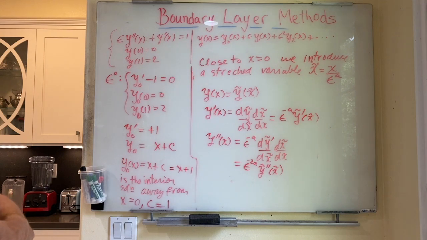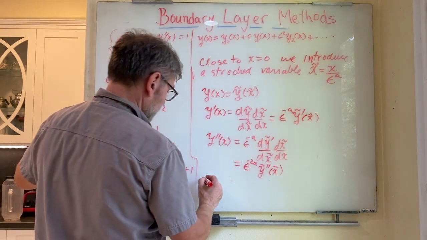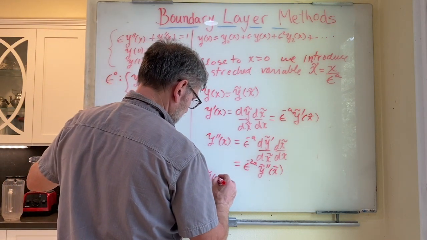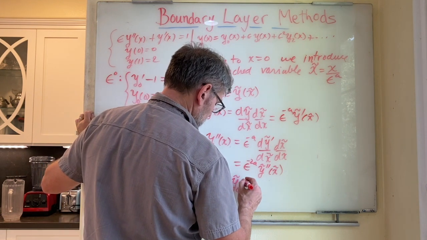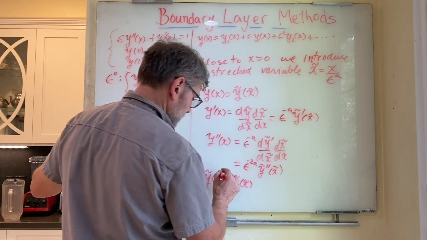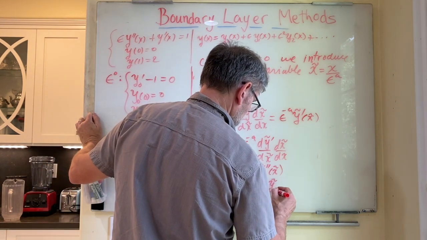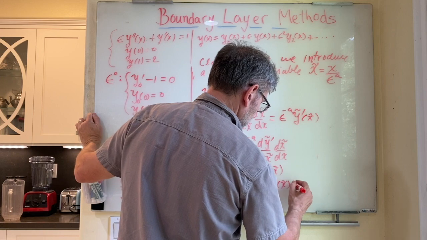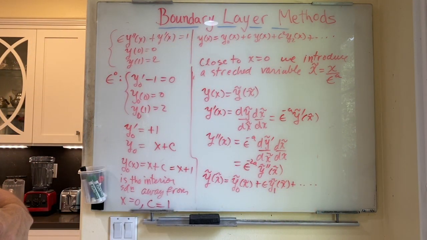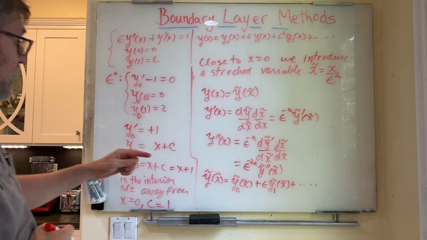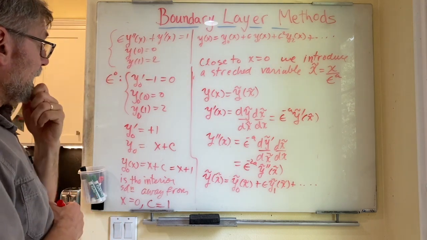And so the solution we're going to look for in the boundary layer will be of this form: y tilde of x tilde equals y naught tilde of x tilde plus epsilon y tilde 1 of x tilde plus dot dot dot. So we're going to look for that form of a solution, and then substitute this into the equation and see what we get.